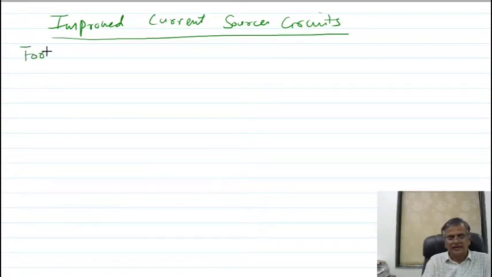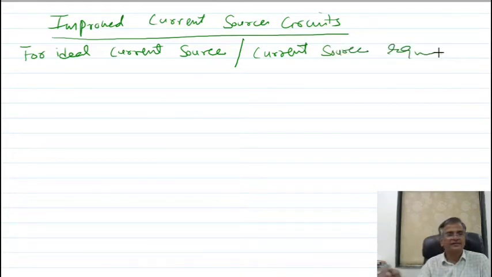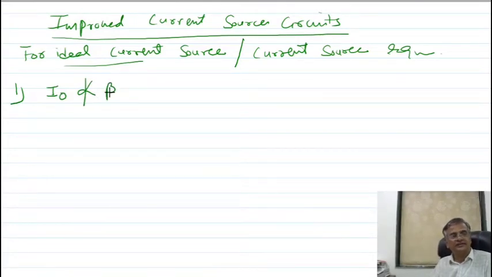So look here, the reason is that an ideal current source, or any current source, requires two basic things. First, for an ideal current source, the constant current I0 should be independent of the beta of the transistor.